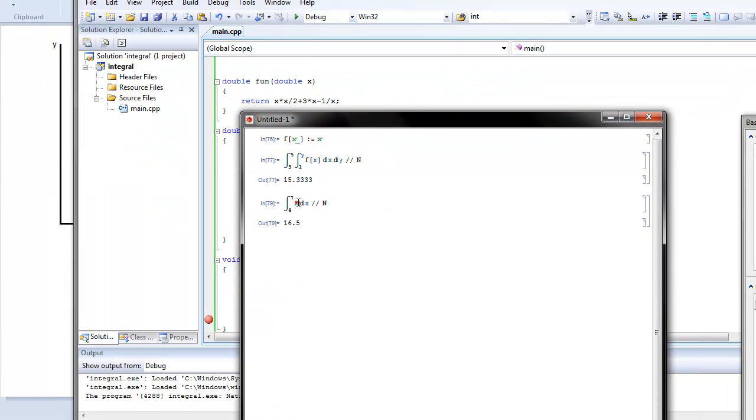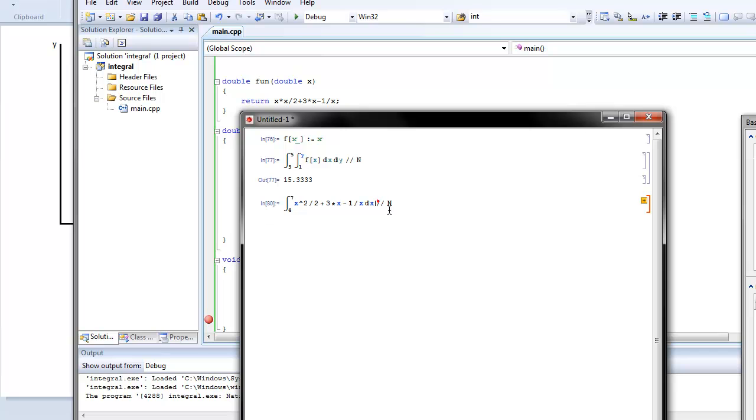So instead of this, we just type x squared divided by 2 plus 3x minus 1 divided by x. I probably have written some error.